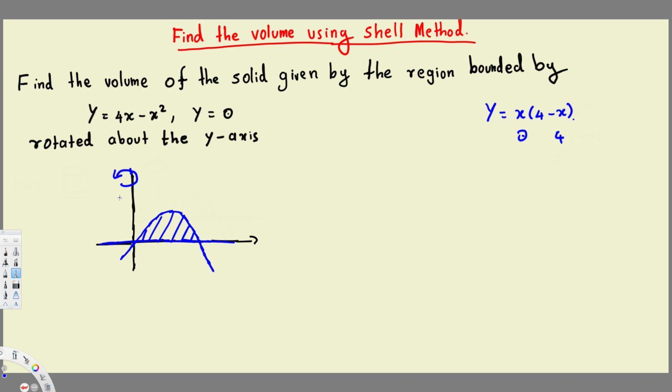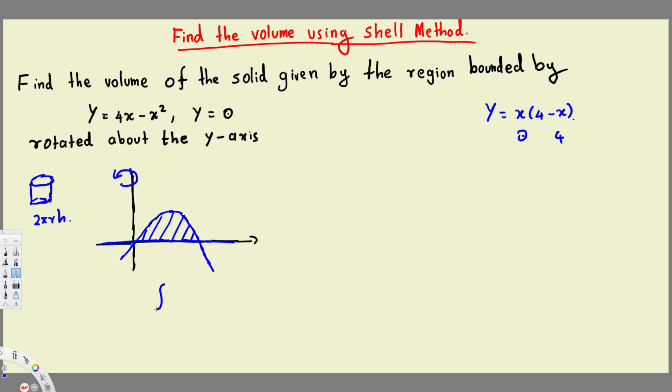And here we are dealing with the shell method. So we are going to use a cylindrical shell like this, and what we are interested in is the area. The area of a cylinder is 2 pi r h. So that's what we are going to integrate, because when we integrate an area, that's going to give us a volume. So let's do the integration.